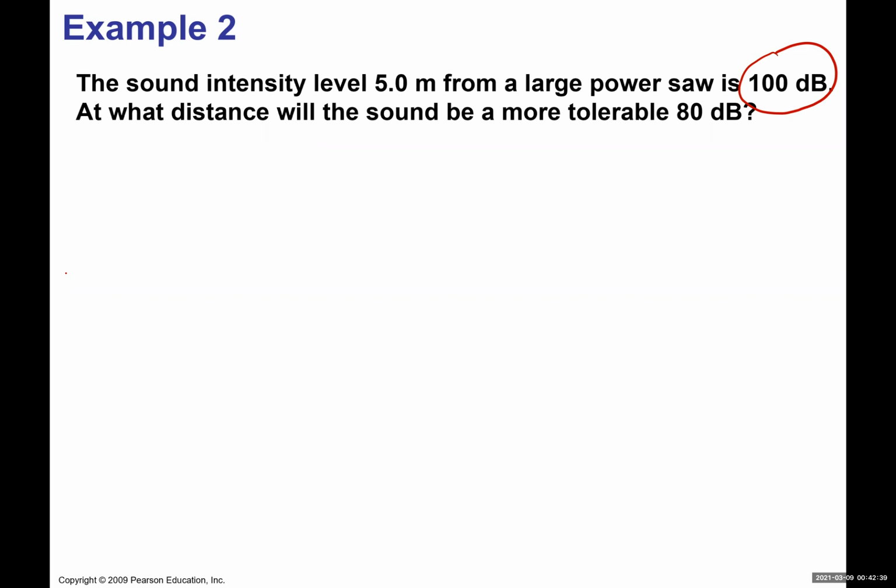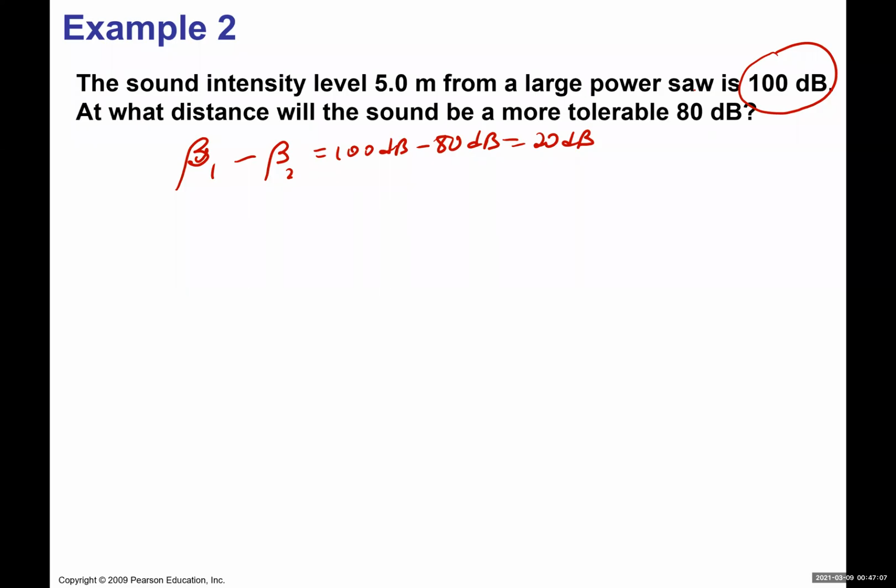Taking 100 as beta 1 and 80 as beta 2, we can find the difference, beta 1 minus beta 2. So 100 dB minus 80 dB gives 20 dB. That's the difference in decibel level. All right, so what we'll do next.